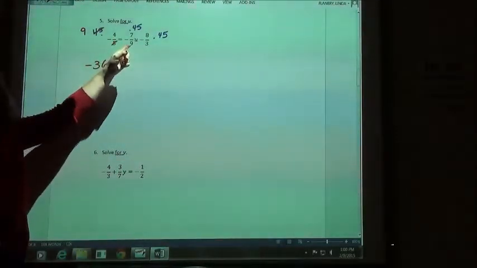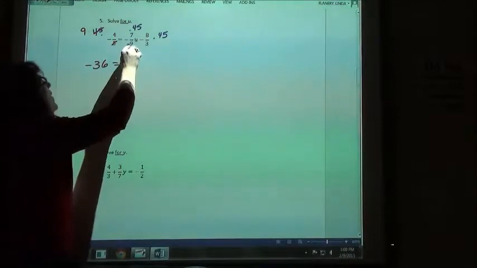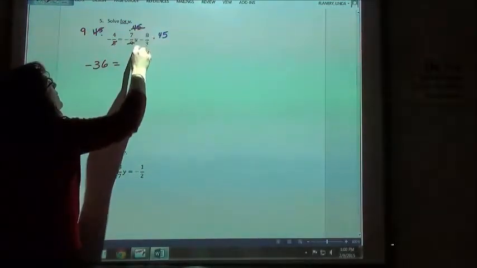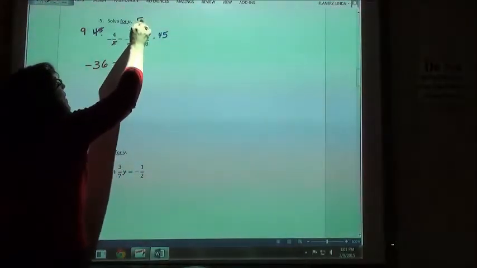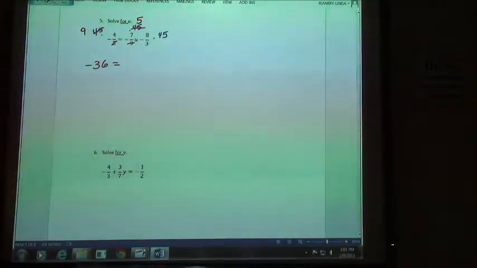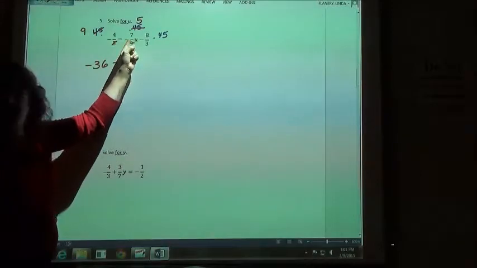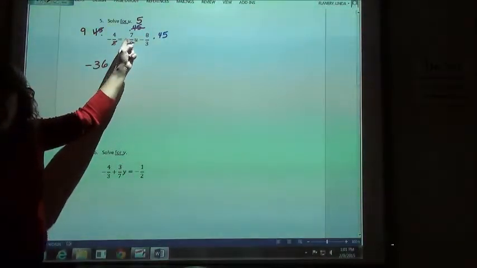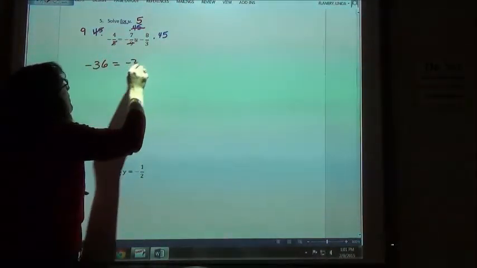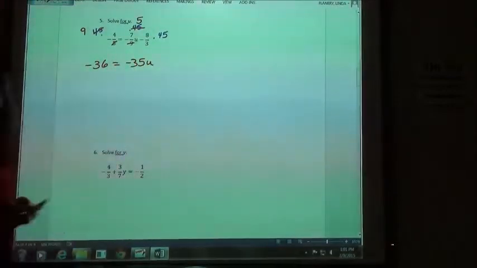Then we do the next fraction. 9 goes into 45 5 times. 5 times the top of that fraction. 5 times negative 7 would be negative 35, and that one had the u behind it, so negative 35u.